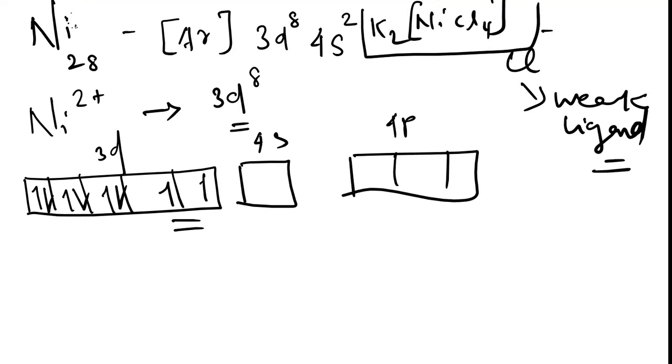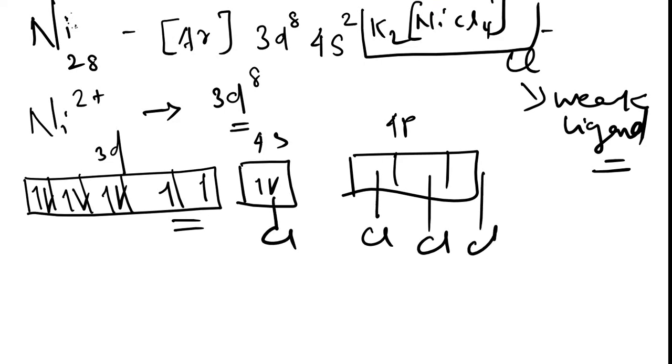Here one chlorine will place its electron, and here also, and here also, and here also, right? So what is the hybridization? 1 s and 3 p. The hybridization is sp3. Is it clear? The hybridization is sp3.